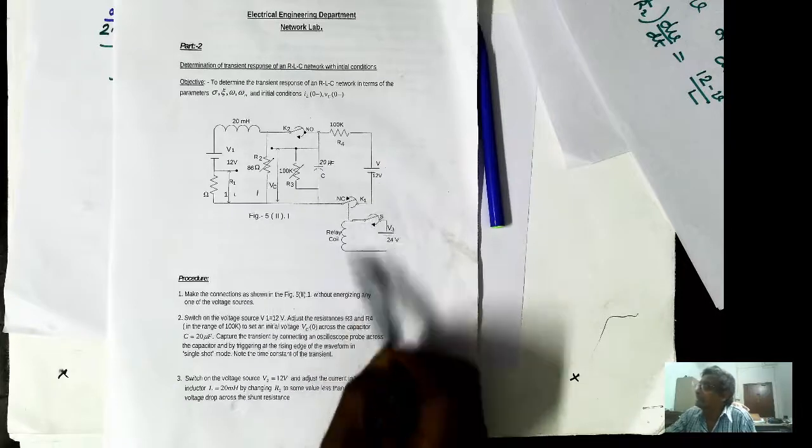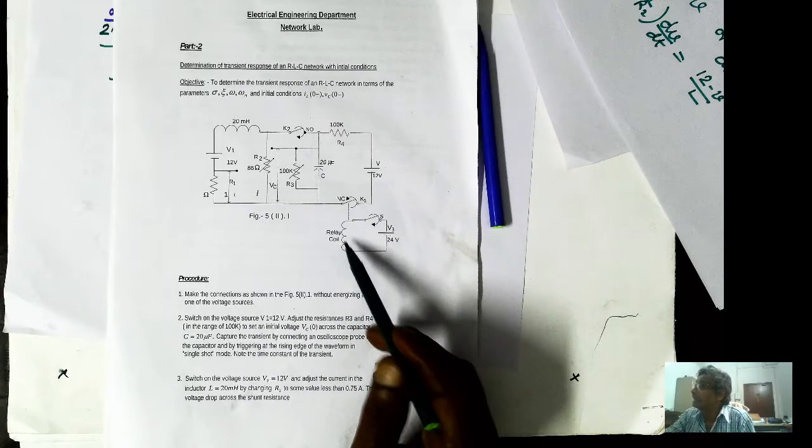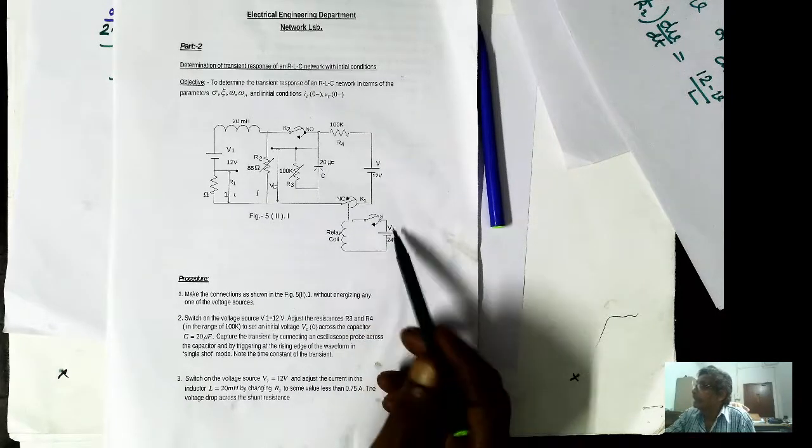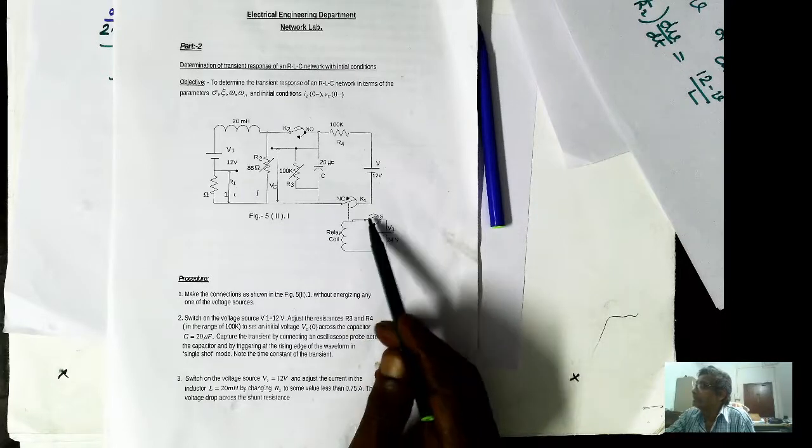With hand it can be done, but there may be some problem, there may be some delay, synchronization is difficult. Therefore, there is this additional circuitry, whatever is present, something is written as relay coil. What happens is this relay coil has got a switch.